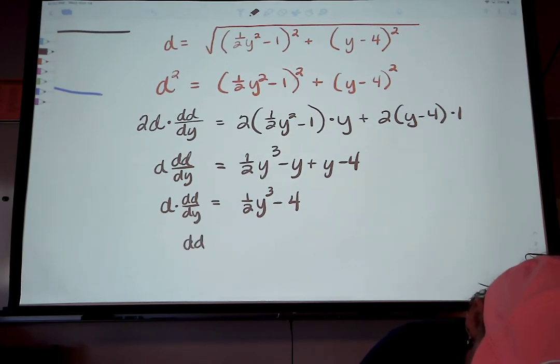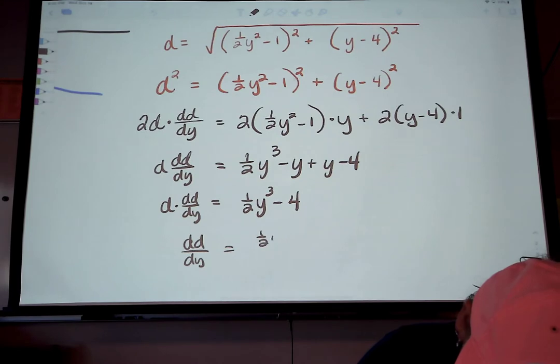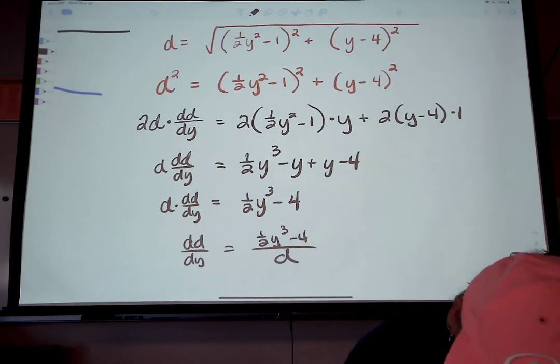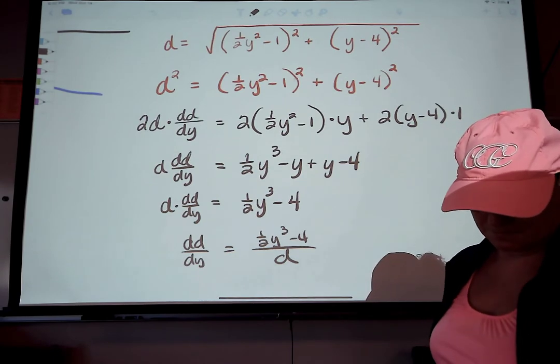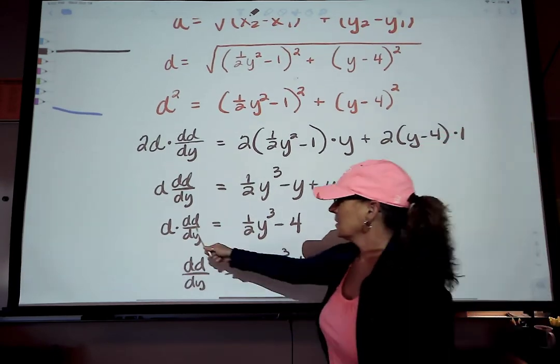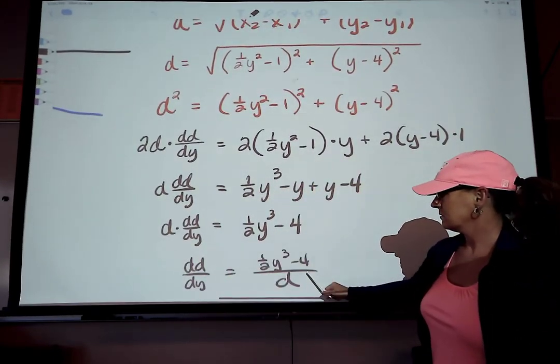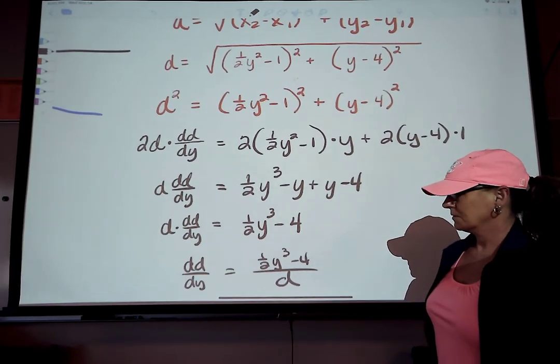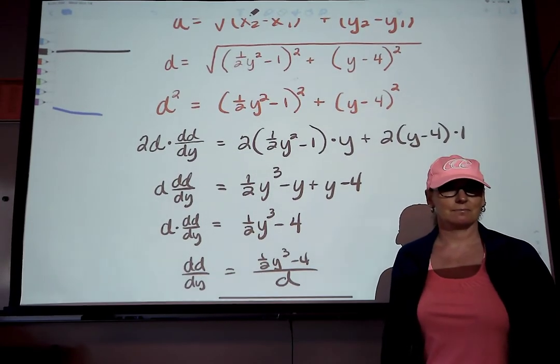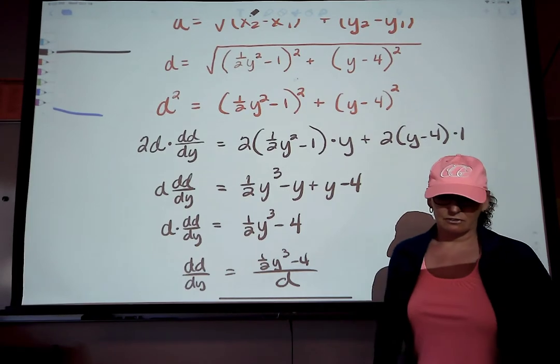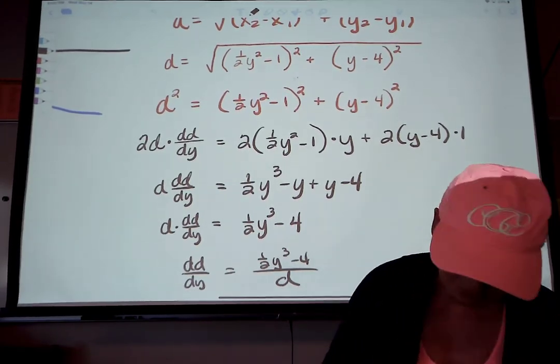And then I'll divide by D. Right? Divide everything by D. Okay. Set your derivative equal to 0. Check and see if it ever blows up.